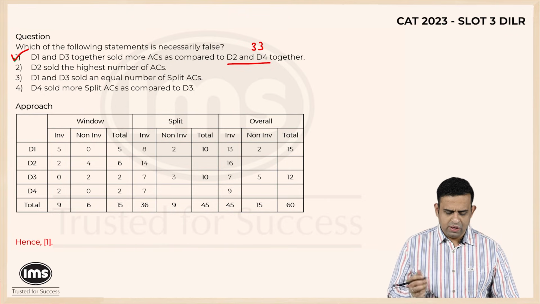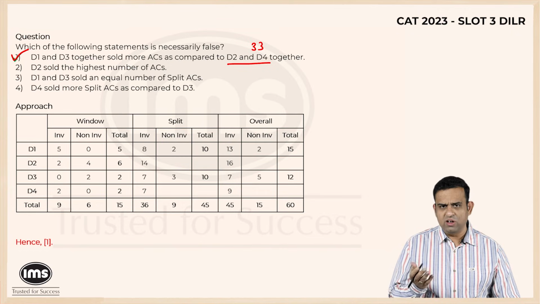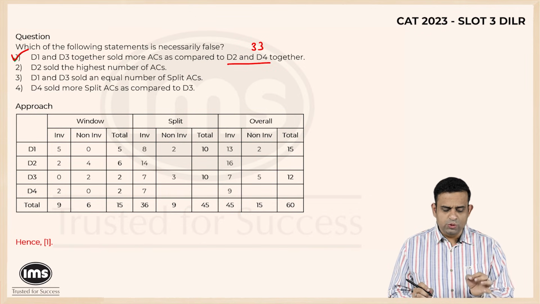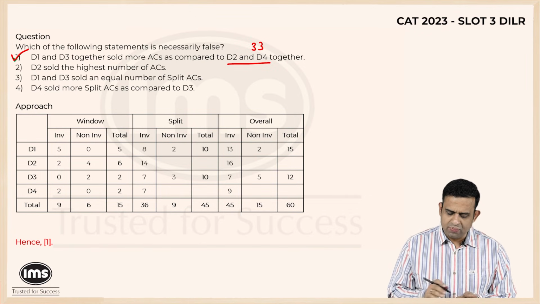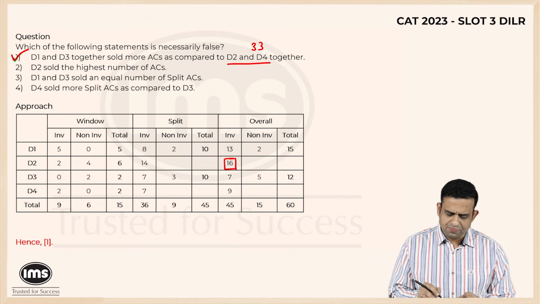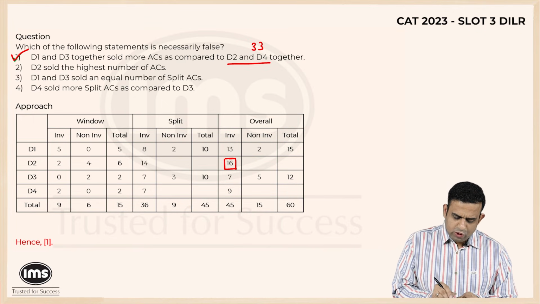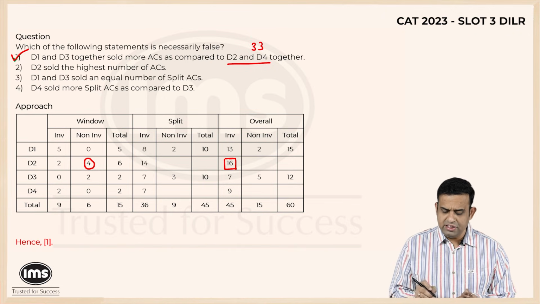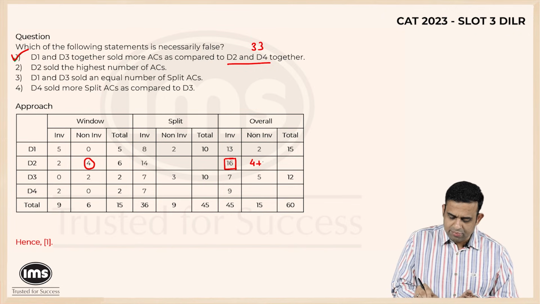If I go further, let's check some of the options as well, even though we have got our answer. Option number 2 says D2 sold the highest number of ACs. The number of inverter AC sold by D2 happens to be 16. D2 is also selling at least 4 non-inverter AC, so this number would be 4 plus something.